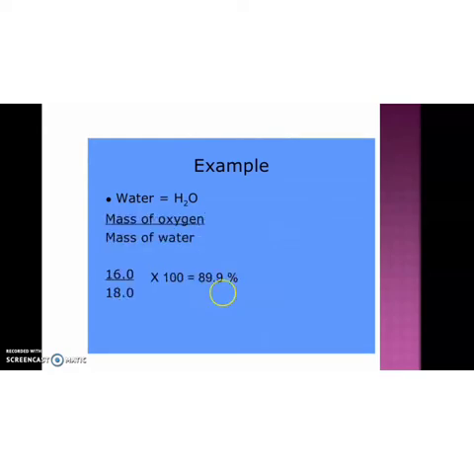Next, in this compound we have to find the percentage composition of each element. Here the elements are hydrogen and oxygen. First we find the percentage composition of oxygen. The equation is mass of oxygen divided by mass of water.